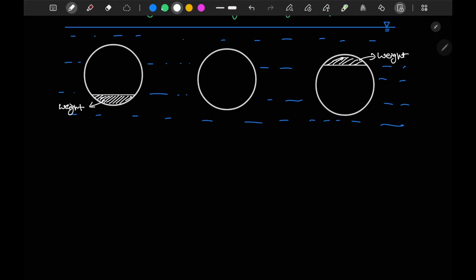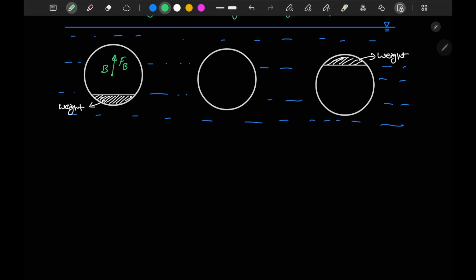Now if we talk about the center of buoyancy and center of gravity, the geometric center of this circle will still be your center of buoyancy, and from here we will obtain a vertically upward force, FB, the buoyant force.